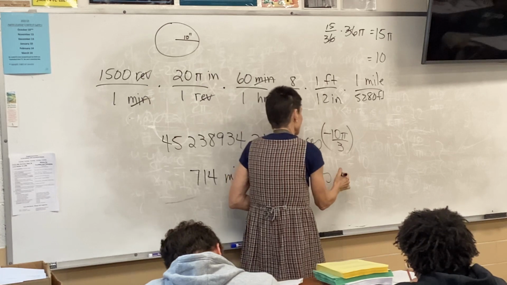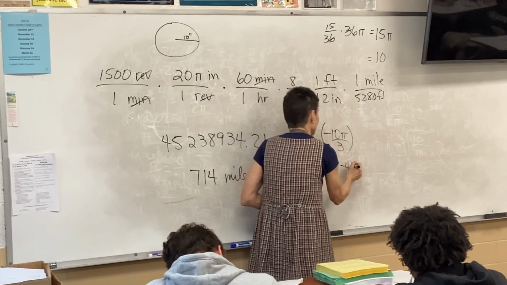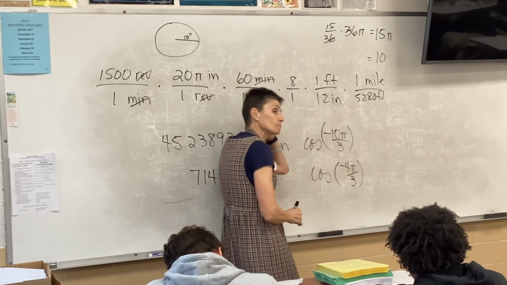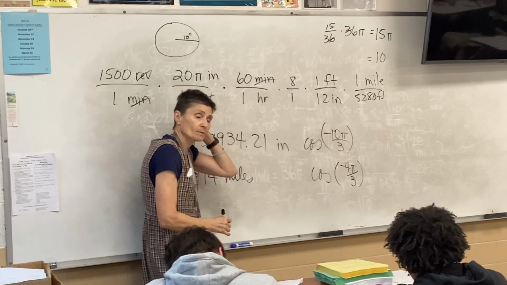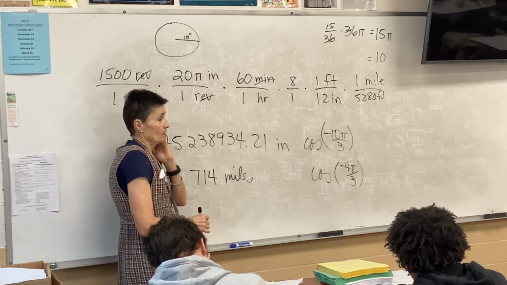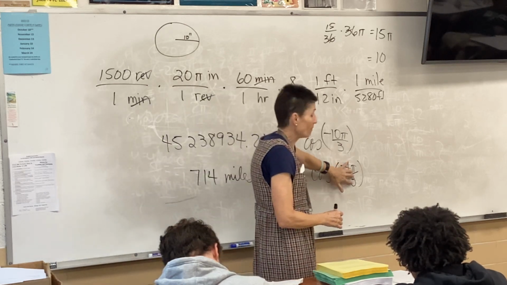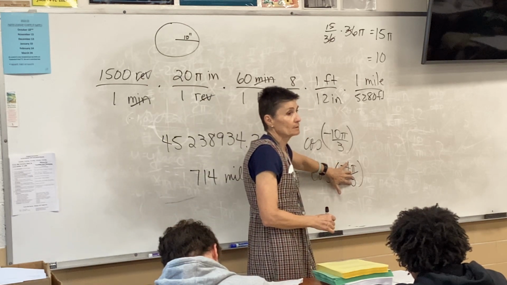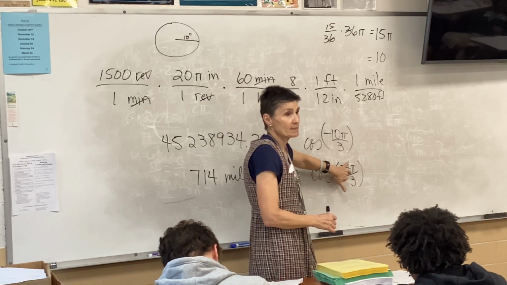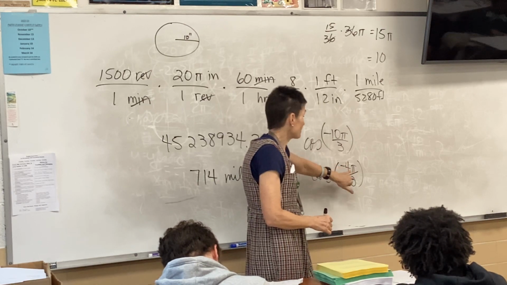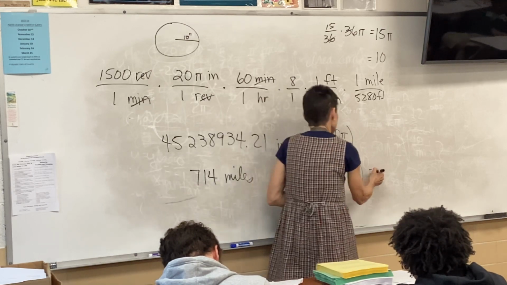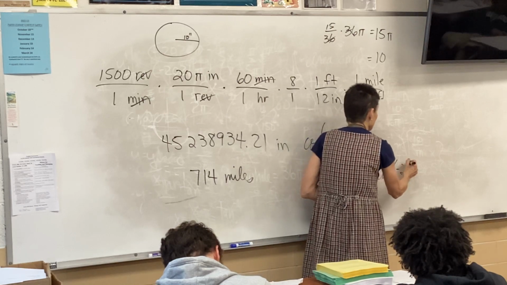So now let's look at the cosine of negative 4 pi over 3. Now, keeping in mind that pi is 180, divided by 3 is 60, times 4 is 240. This is like finding the cosine of negative 240.